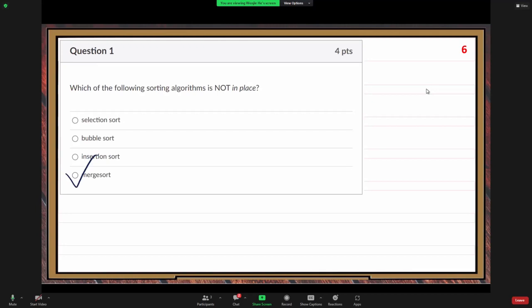If I put quick sort here, we still treat it as not in place. So I use this chance to review quick sort.